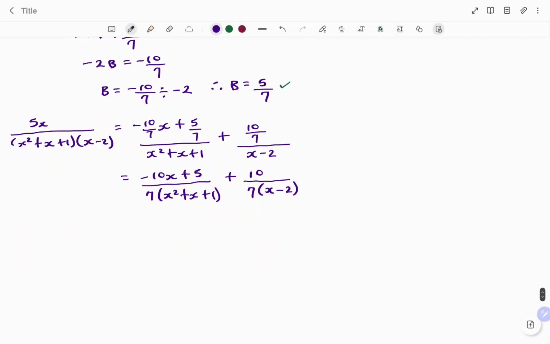And I can simplify further to be 5x over (x squared plus x plus 1) multiplying (x minus 2), which will finally give minus 10x plus 5 over, I'm going to factor out the common factor, which is 5. So I have 5 into bracket 2x plus 1 divided by 7 into (x squared plus x plus 1), plus 10 divided by 7 into (x minus 2).